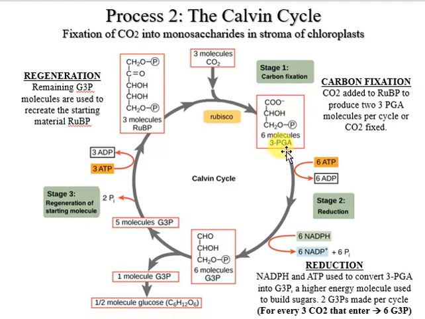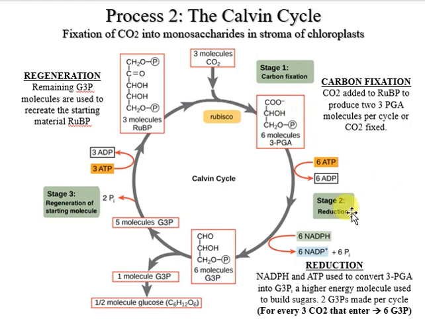But because this will have 3 cycles, or you have the fixation of 3 carbon dioxide molecules, in total, you'll have the synthesis of 6 molecules of 3-PGA. Right? So a total of 6 molecules of 3-PGA are produced in carbon fixation.